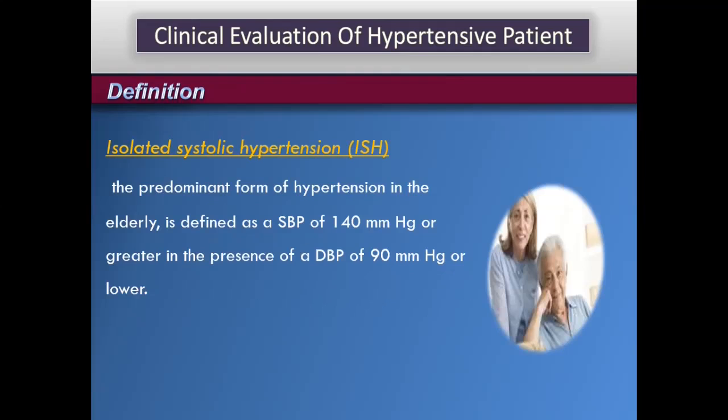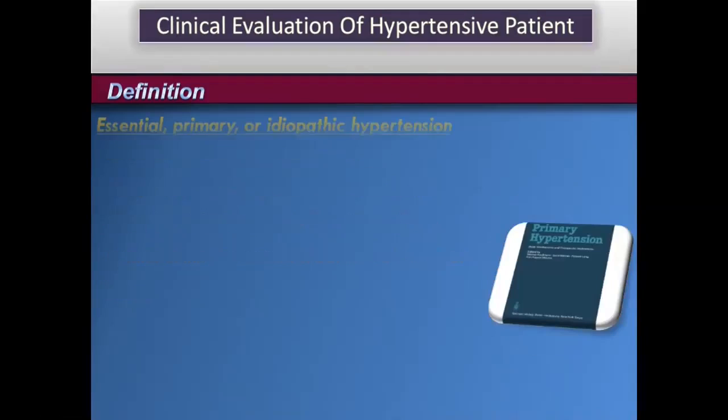Usually, this hypertension predominates in the elderly population and is defined as systolic blood pressure of 140 with normal diastolic blood pressure or even lower than normal.